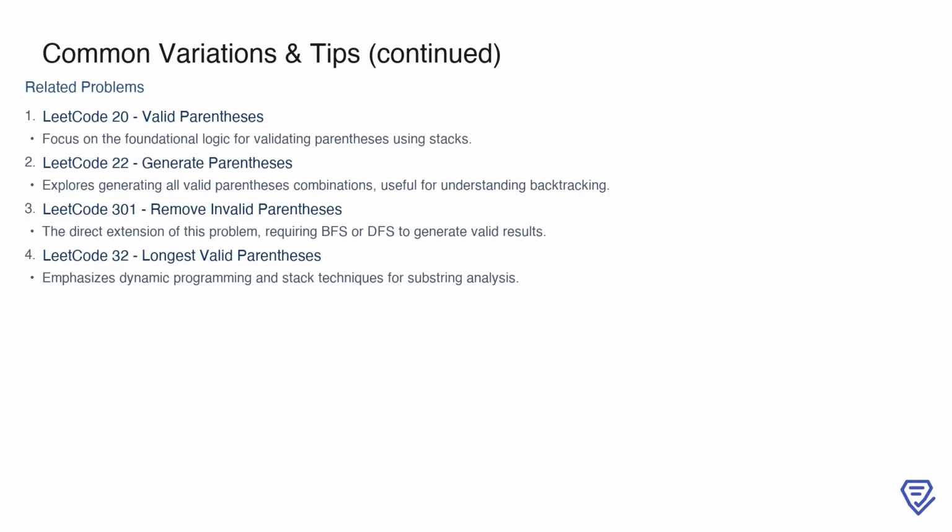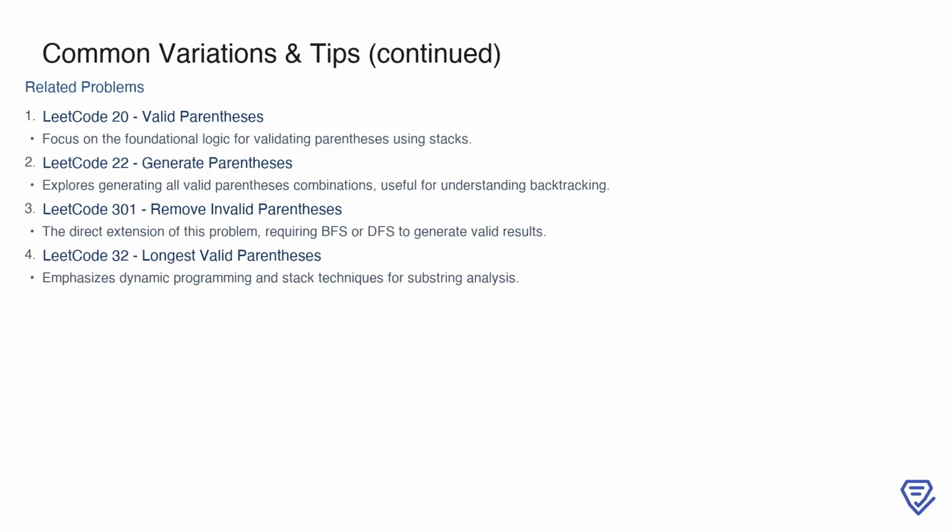This problem is closely related to several other LeetCode problems. For example, LeetCode 20, valid parentheses, focuses on the foundational logic of validating parentheses using stacks, which is crucial for understanding this problem. LeetCode 22, generate parentheses, deals with generating all valid combinations of parentheses, helping you practice backtracking techniques.